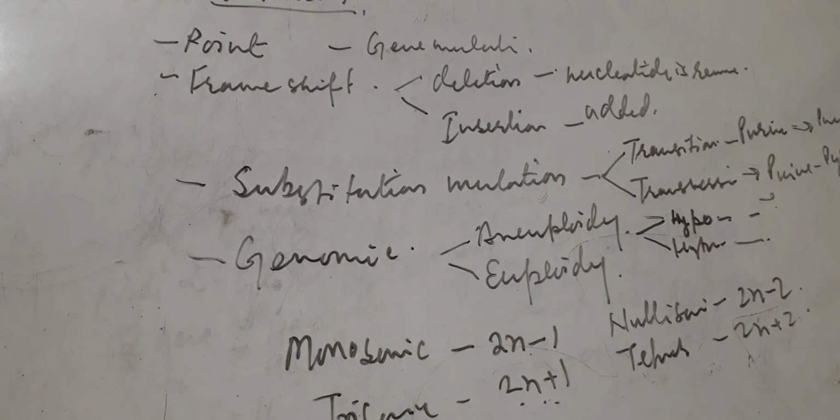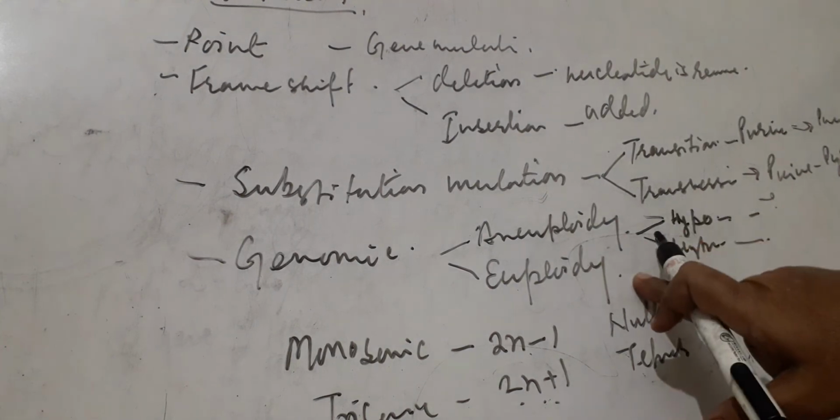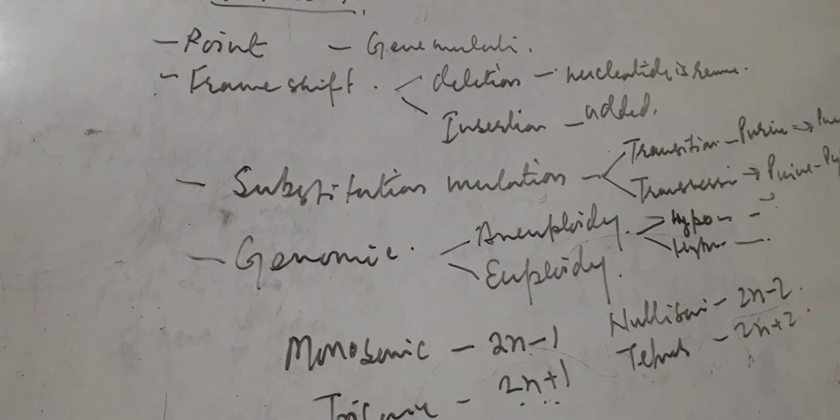Euploidy is a variation, now euploidy. It is the variation that involves the entire change, the entire set.